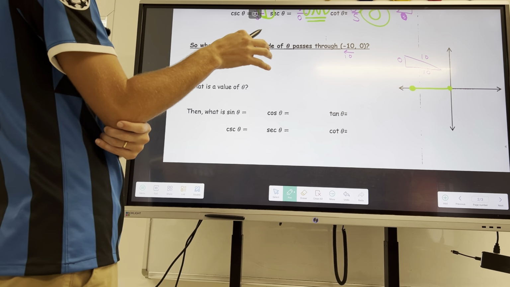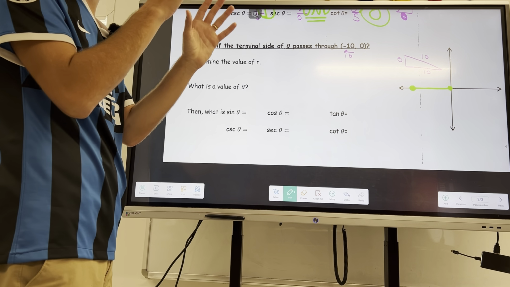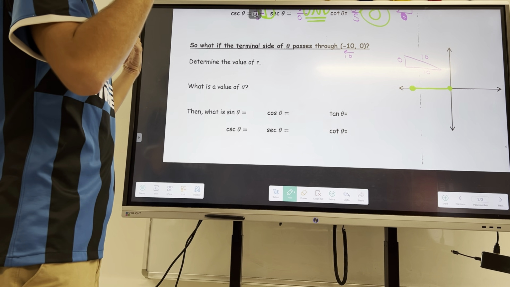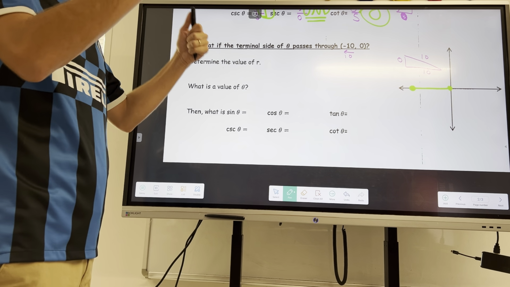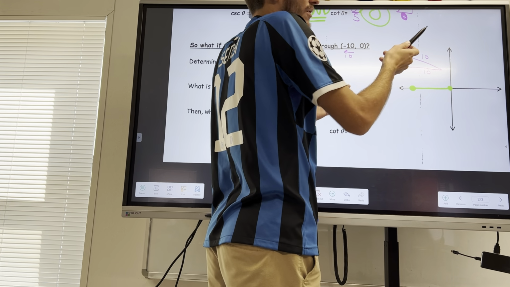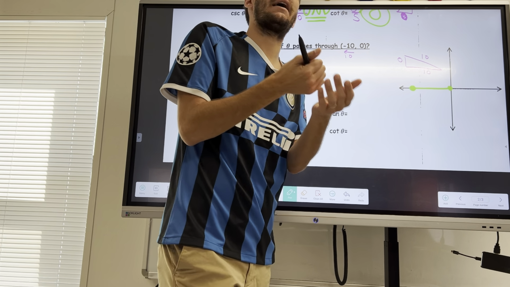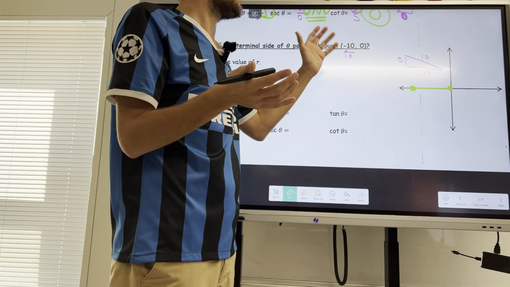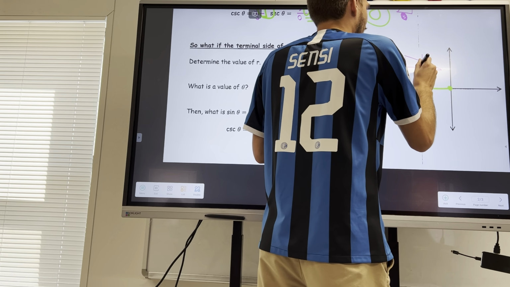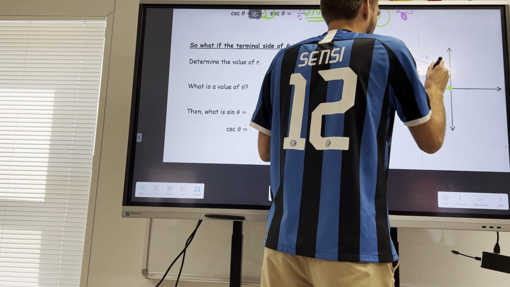Now, for this question, this is not really a triangle, right? And we talk about how when you do triangles, all the sides of your triangles are going to be positive distances because you can't have a negative distance. But this is not really a triangle. So we are going to count this 10 as a negative 10.